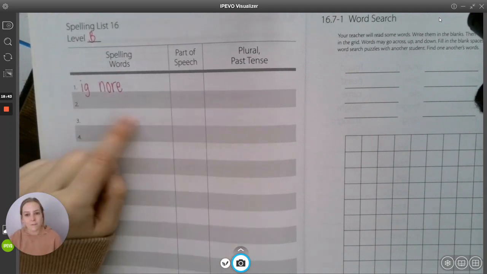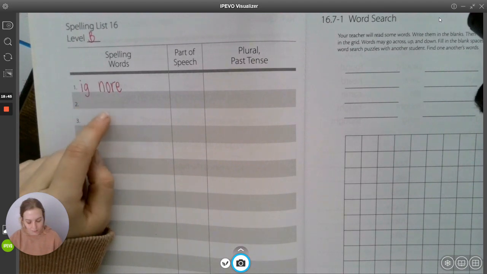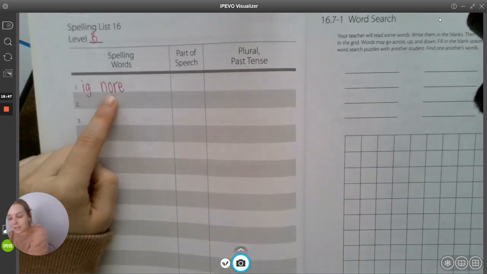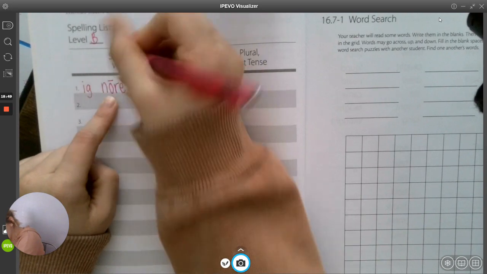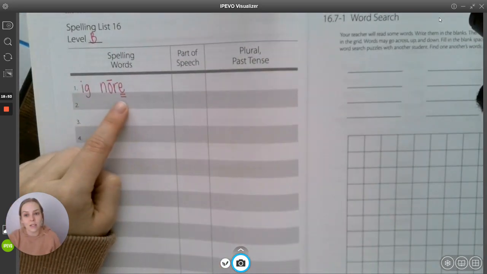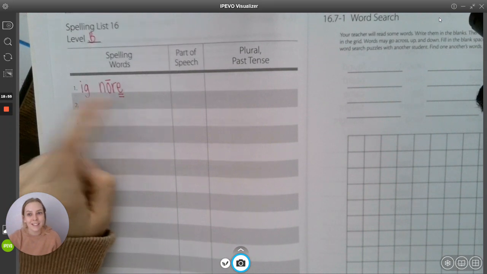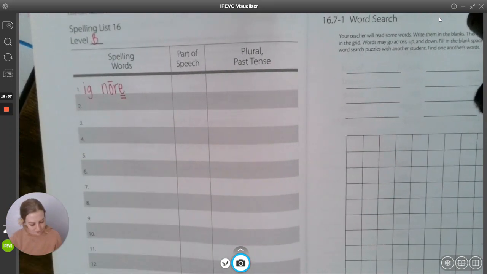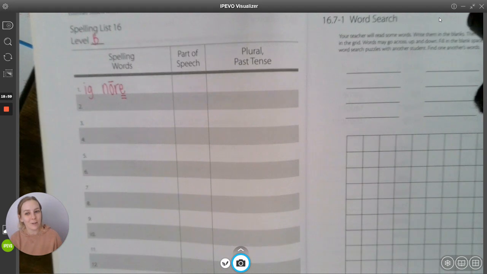We don't have any phonograms to underline here, but O is saying its long sound because of silent final E, so we will double underline that. All right, very cool. First time we're seeing that in our spelling words. All right, I have a feeling we're going to see a lot of those.